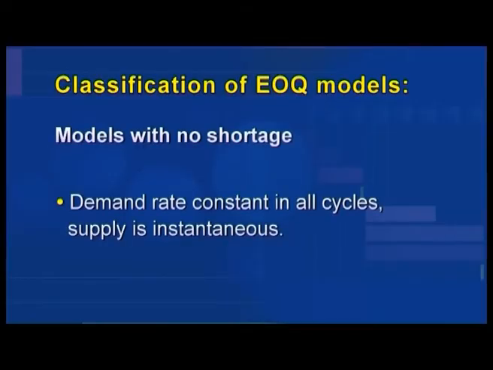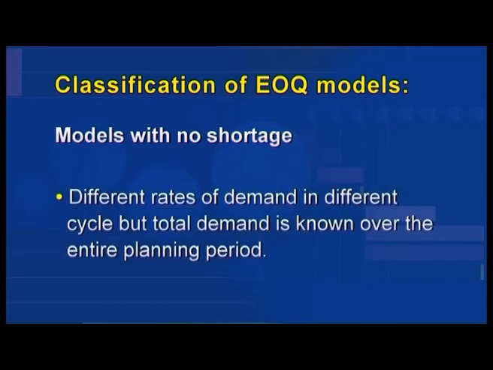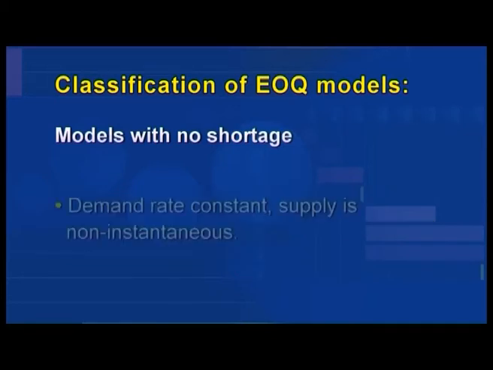Classification of EOQ models. A broad classification of EOQ models into three categories are: models with no shortage, which include demand rate constant in all cycles with instantaneous supply, different rates of demand in different cycles but total demand known over the entire planning period, and demand rate constant with non-instantaneous supply.